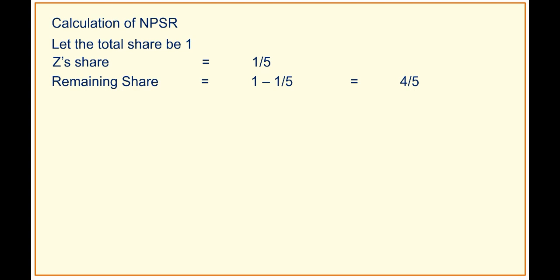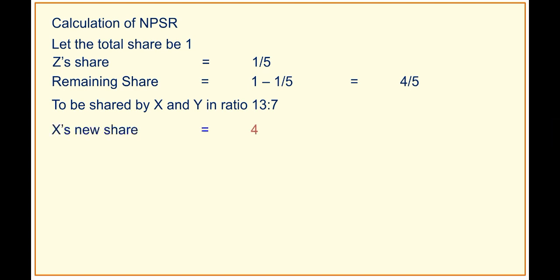Then question said that this remaining share will be distributed among all partners in ratio 13 is to 7. So this 4 by 5 is to be distributed among X and Y in ratio 13 is to 7. So X new share will be 4 by 5 remaining share into 13 by 20. 20 is 13 plus 7.